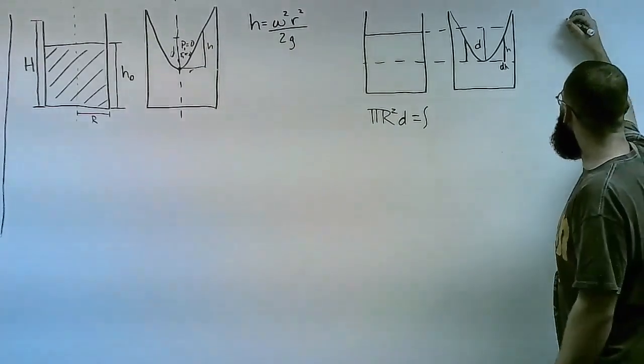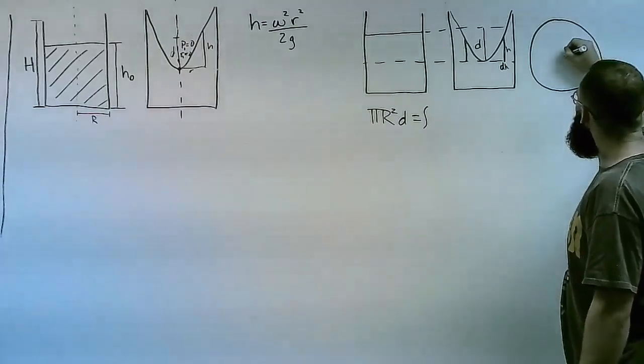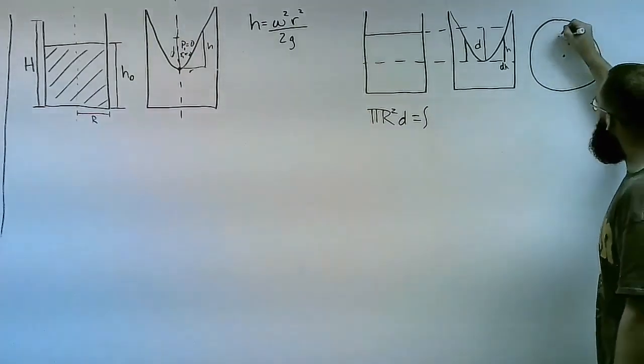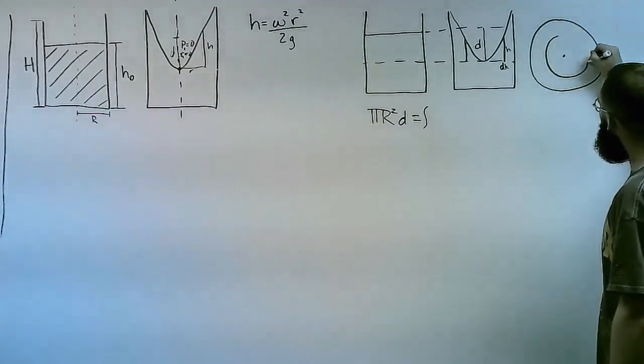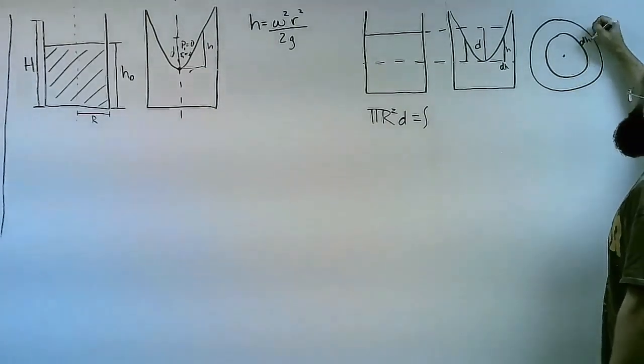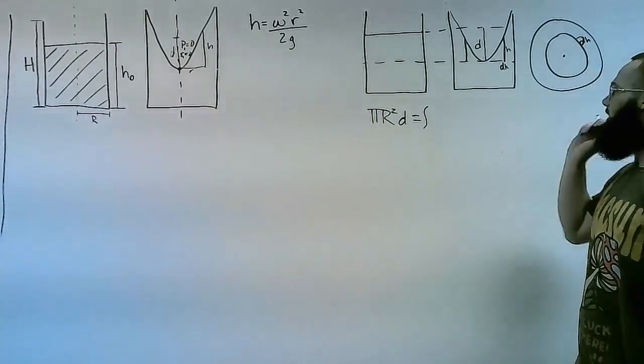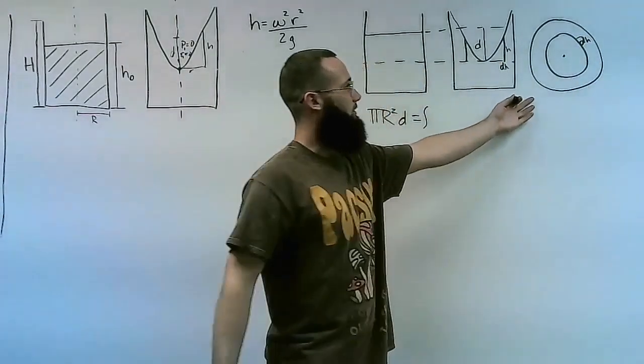So, looking at this from the top down, this will be the center, and this will be our differential area with some thickness dh. As you can see, this is just a circle.